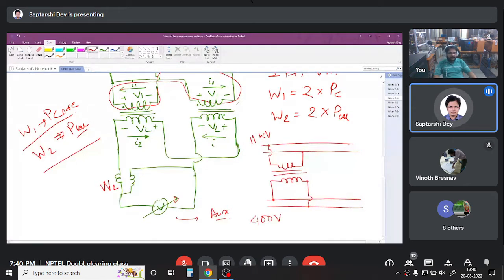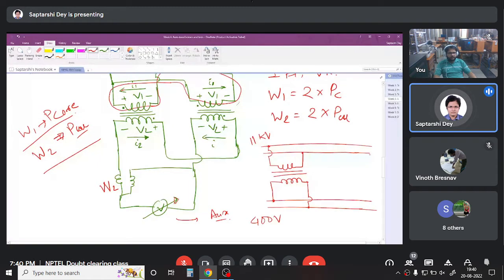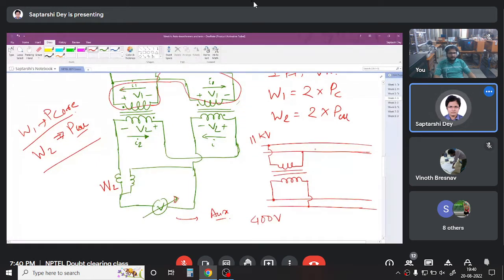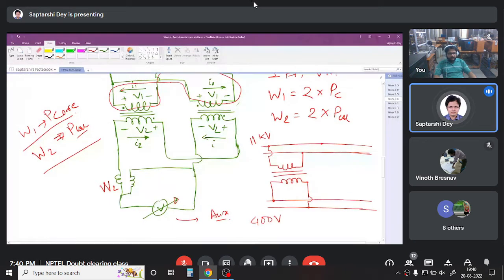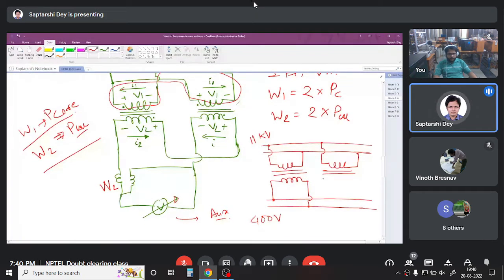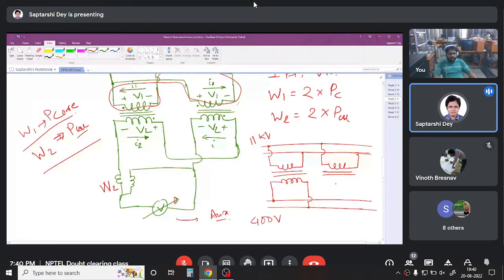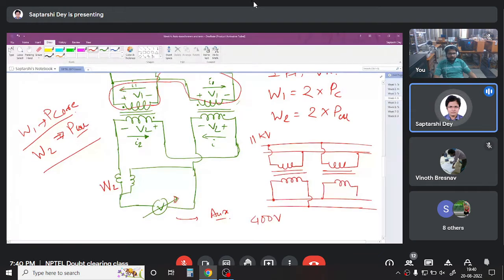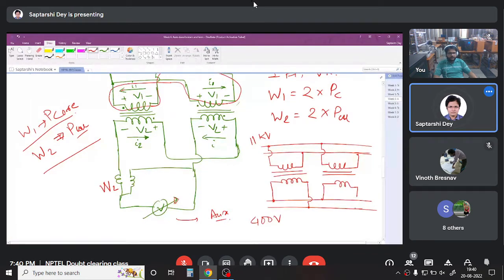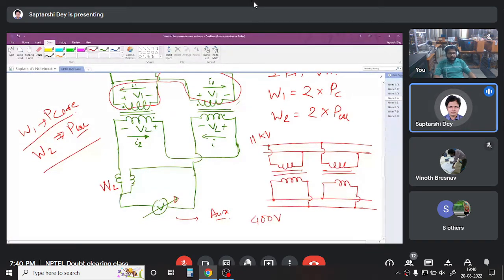Now several new flats, apartments, houses keep growing in your locality, and there is much more load requirement. This one transformer cannot supply. What the electricity company will do, they will come, erect another pole, and then connect another transformer. I think all of you have seen this, installing new transformers in your locality.